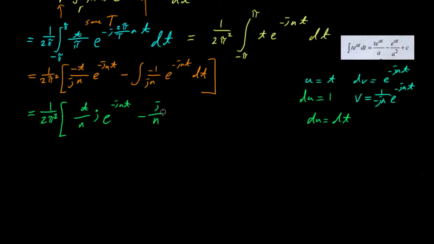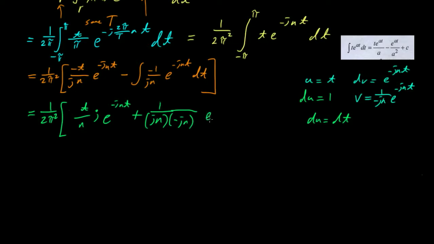I need to do this integral. I can pull the constant out. So that's plus 1 over jn, and the integral of this is also negative 1 over jn, so this is times negative 1 over jn e to the minus jnt.